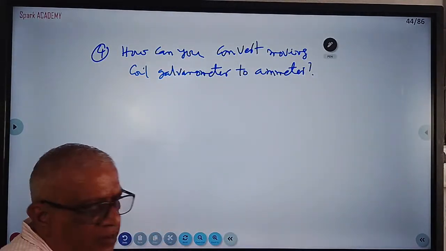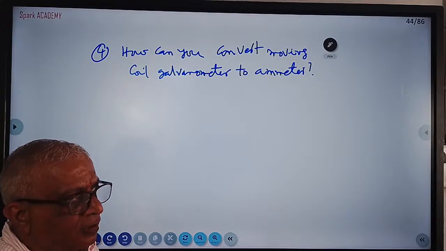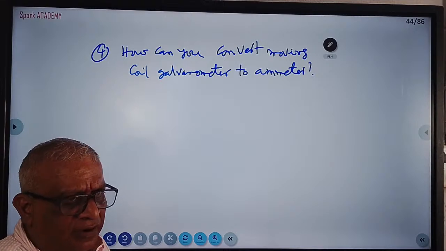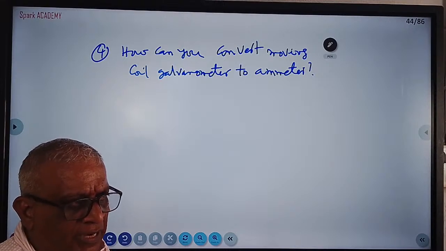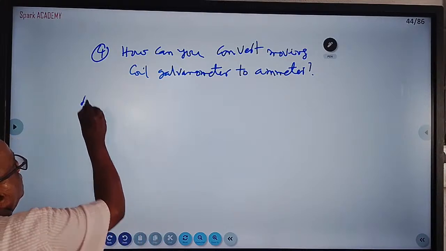So what is the difference between a galvanometer and an ammeter? A galvanometer measures very small currents in the range of microamperes, but an ammeter measures large scale current in the range of milliamperes or amperes. How can you convert a galvanometer to an ammeter?